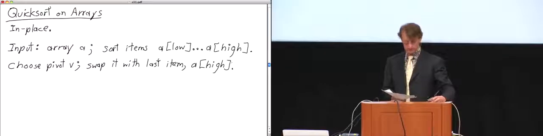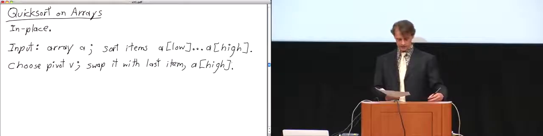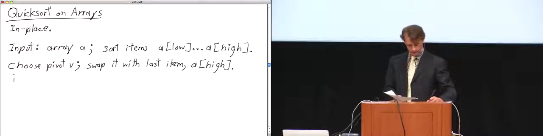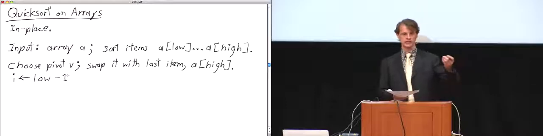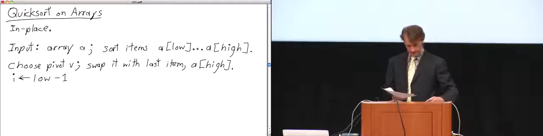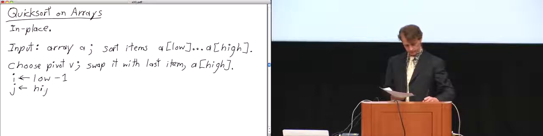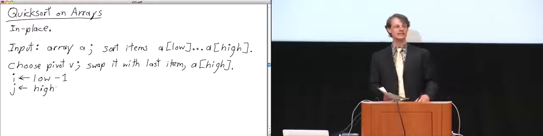Next thing I'm going to do is employ two array indices called i and j. I am going to have i initially set to low - 1, where low is the first key I want to sort. I'm going to have j initially set to high, the array index that now contains the pivot.